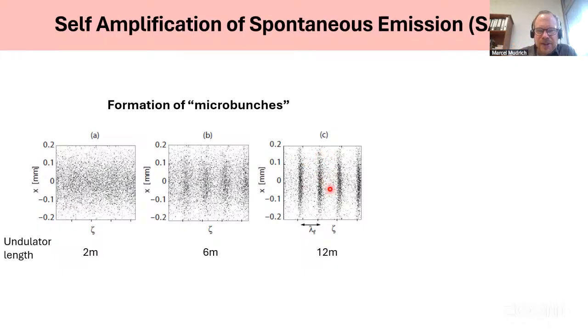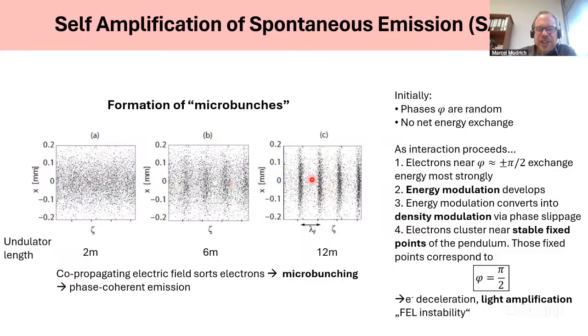And this process of microbunching and amplifying the radiation is also called the free electron laser instability. It's an instability of the phase space distribution that spontaneously occurs due to the positive feedback coupling of the undulator radiation emitted by the electrons themselves and then coupling back to the electron distribution.